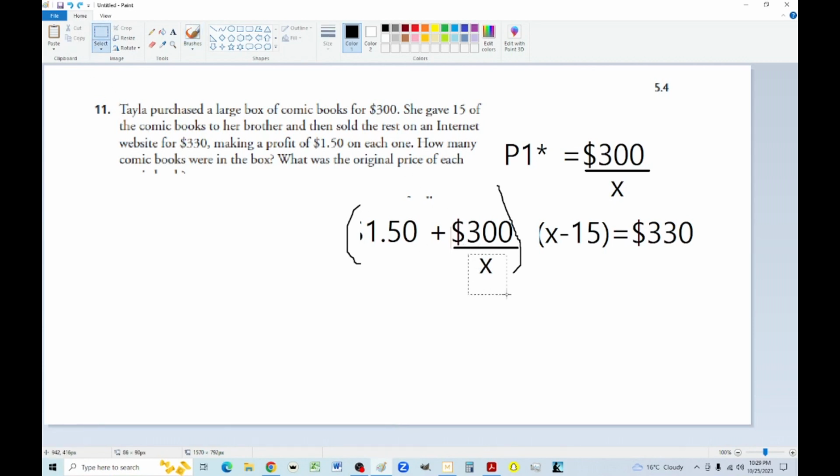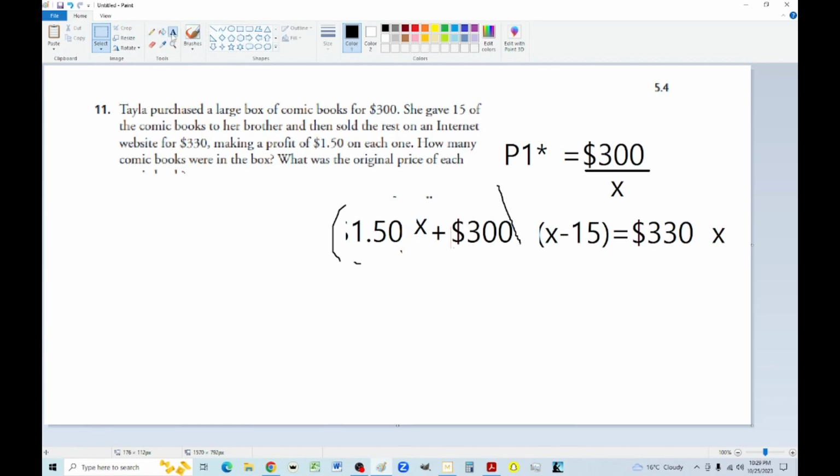And you might think because there's two brackets, I'd have to multiply through both of them. But because these two brackets are multiplying, I only have to multiply it through this one, and the second one will cancel out.